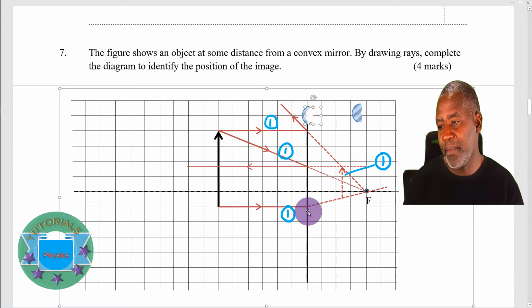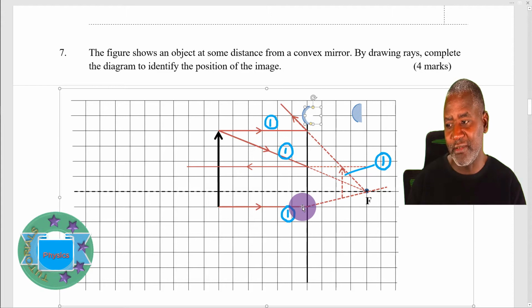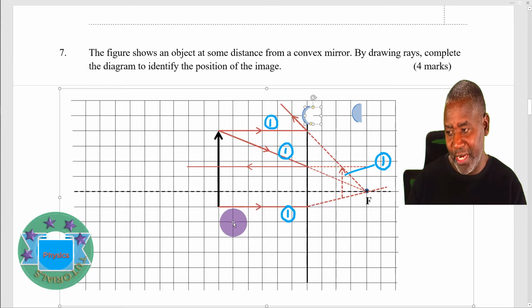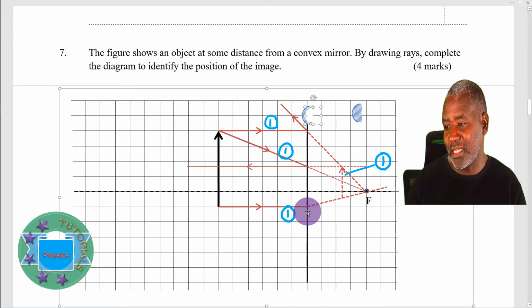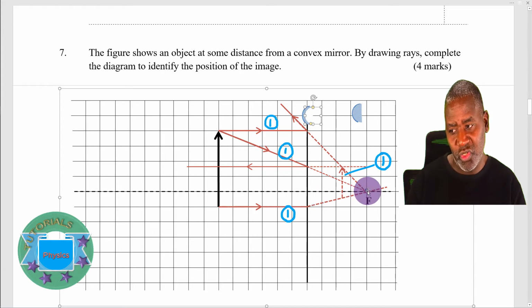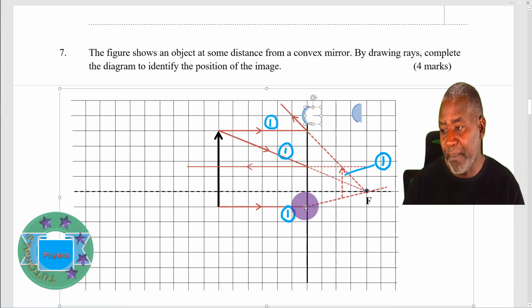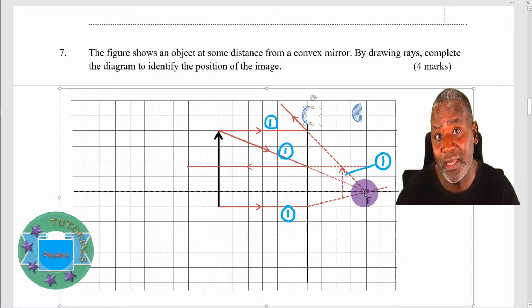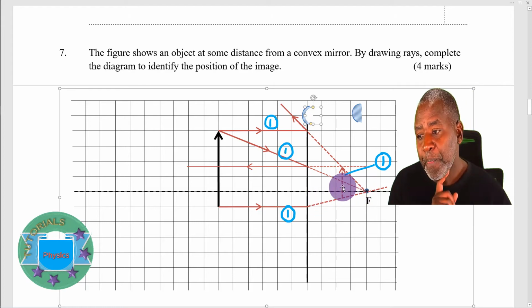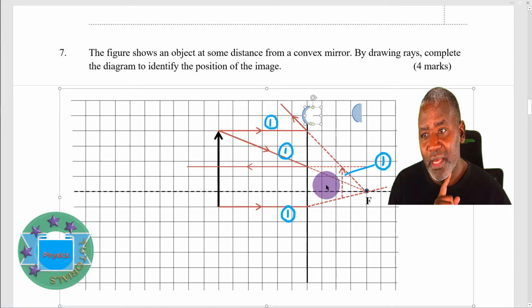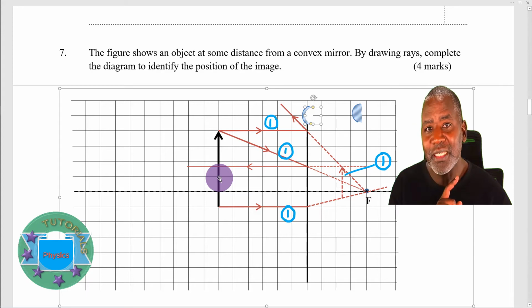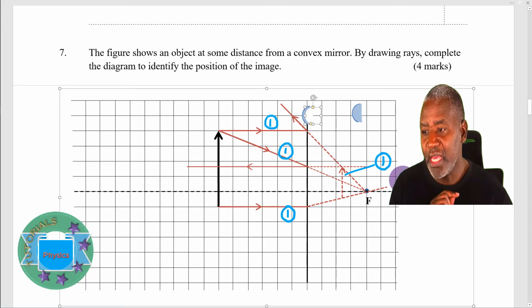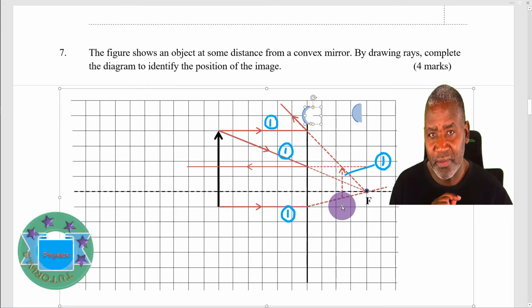But in this diagram, I did not draw that reflected ray, but it's supposed to move like that, so that I can now dot it backwards like that. But remember, it's just this single dotted line that I need in order to identify where the tail is, because the object is vertical. The image will also be vertical.